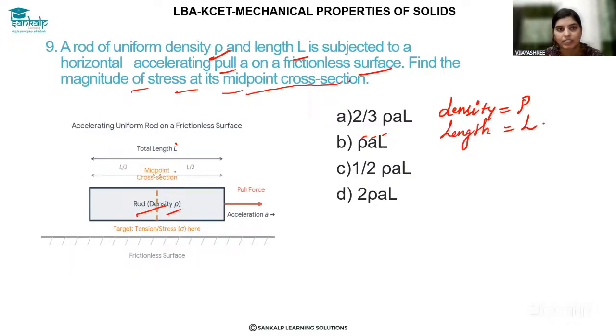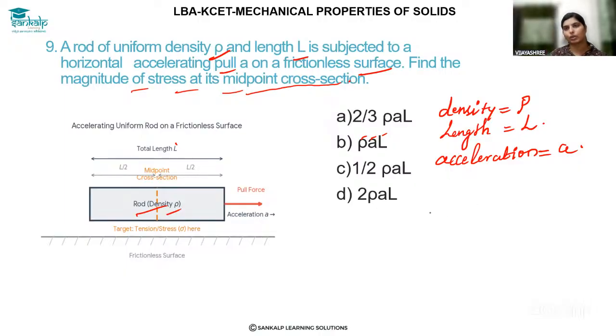The rod is pulled horizontally and moves with acceleration A, so it will acquire an acceleration A.